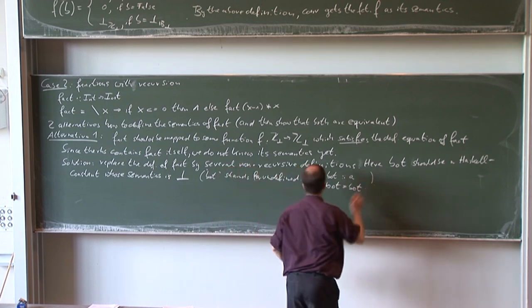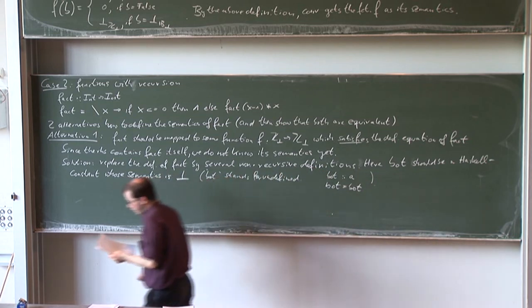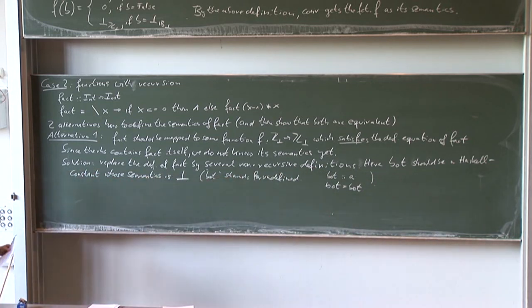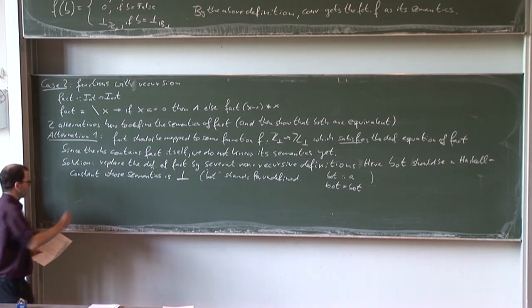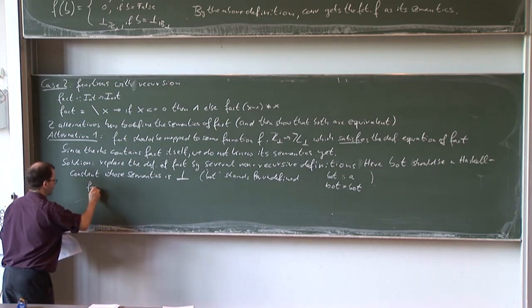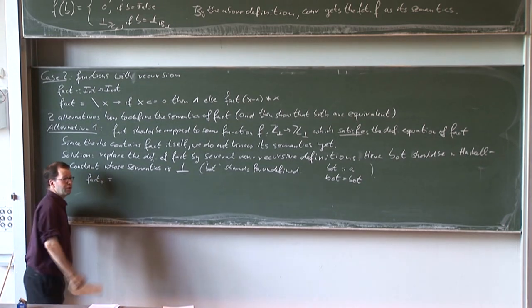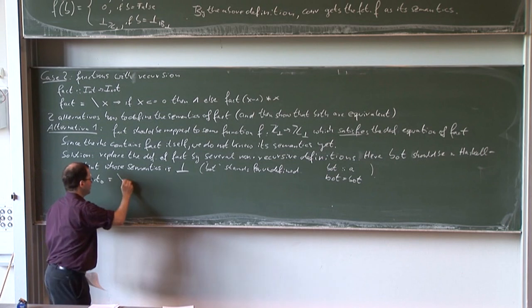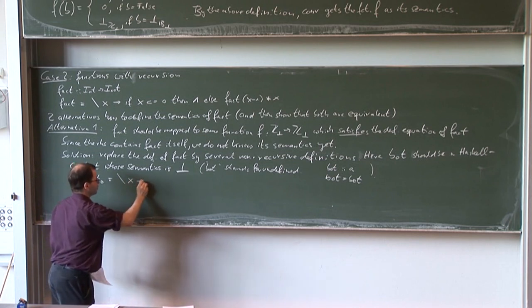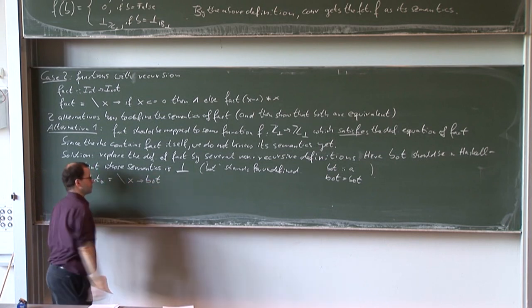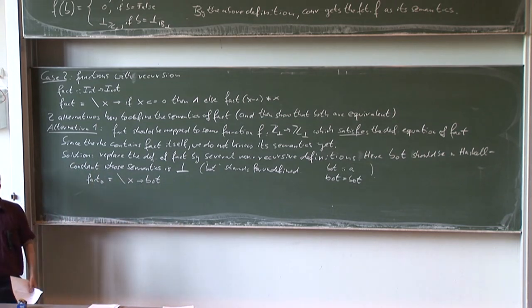Okay, this we need. And now we can replace this definition of fact by several non-recursive definitions. Now the first function that I want to define is called fact0. It takes an integer x and it returns bot.